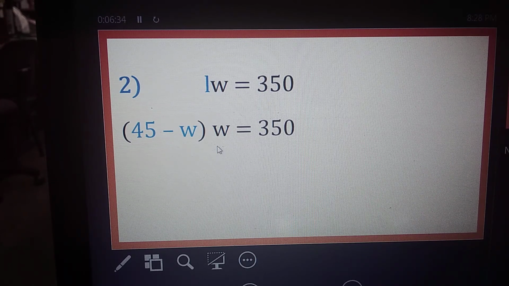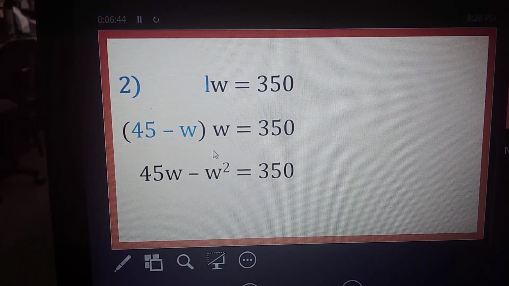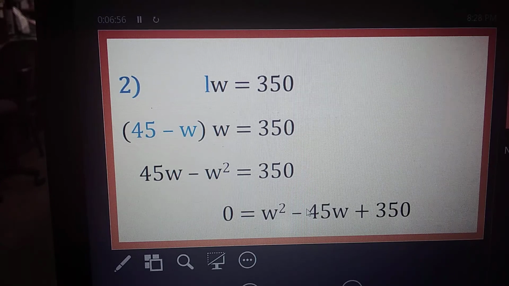Applying the distributive property, W times 45 is 45W, and negative W times W is negative W squared. And then we have here the negative W transferred to the right side and 350 also. So we have that equation.